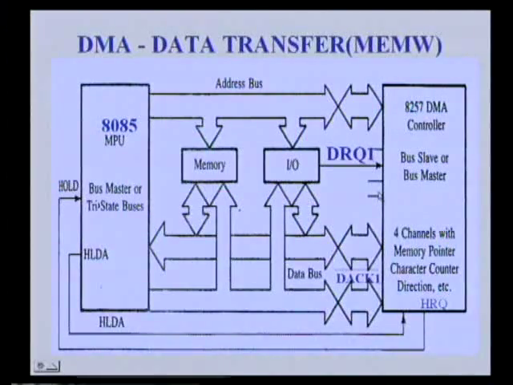4 I/O devices can be connected, and each channel has two 16-bit registers. The first 16-bit register is used for holding the address of the memory location from where it has to transfer data, and the next 16-bit register is used for holding the count, that is how many bytes have to be transferred.